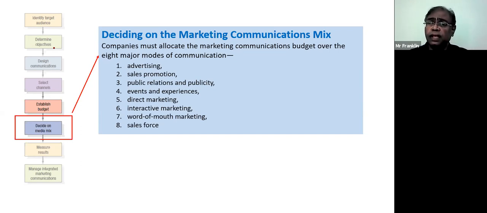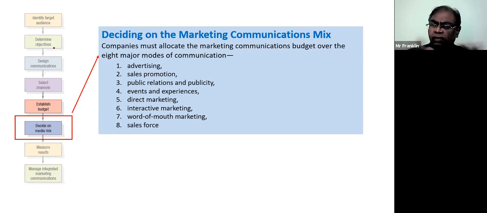I can sponsor events. For example, World Wildlife sponsoring something to do with wildlife, or maybe sponsoring a zoo, because you're related to wildlife. So you're sponsoring events, like direct marketing.